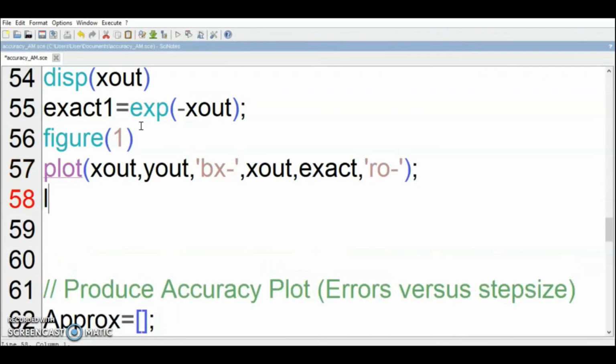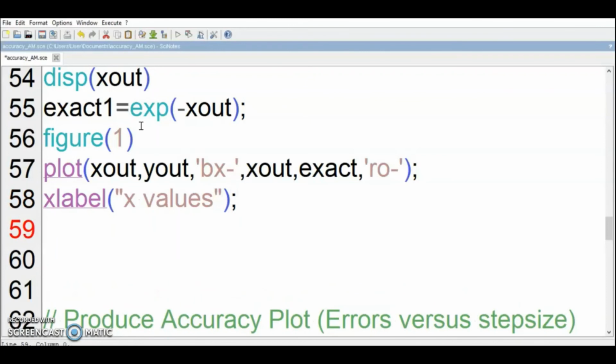Okay, so let's label. The x label is my x values, and my y label is my approximation value.